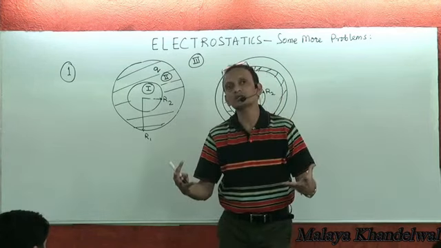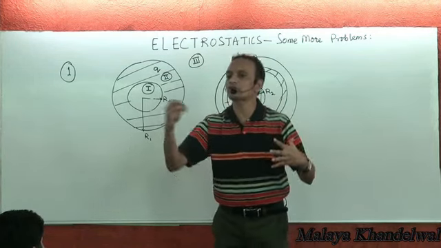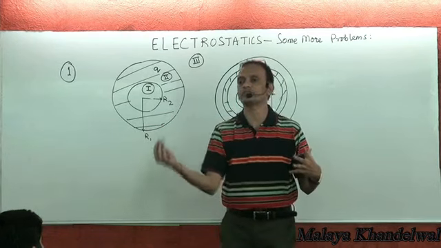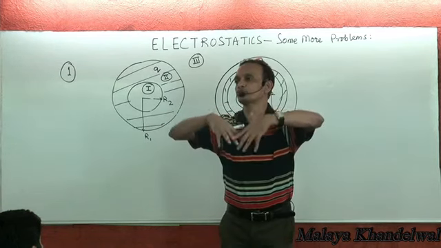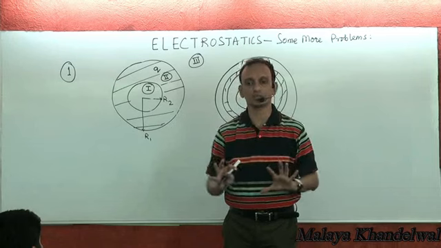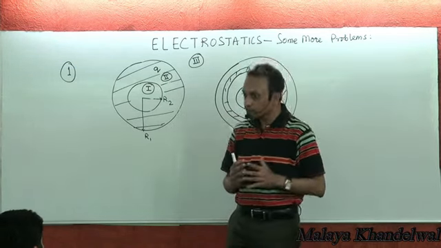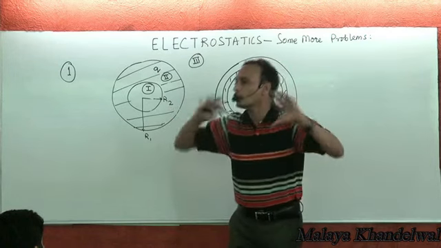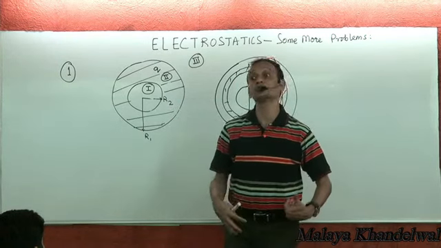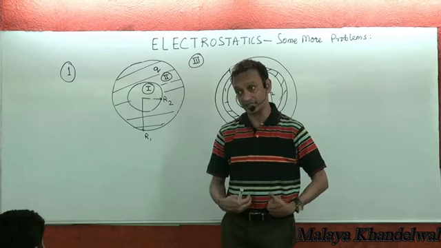It so happens that a conducting spherical shell, when you give it a charge, gets uniformly distributed because sigma is inversely proportional to r. And a sigma inversely proportional to r kind of distribution, whether on a conducting surface or a non-conducting surface, is going to produce zero electric field everywhere inside.